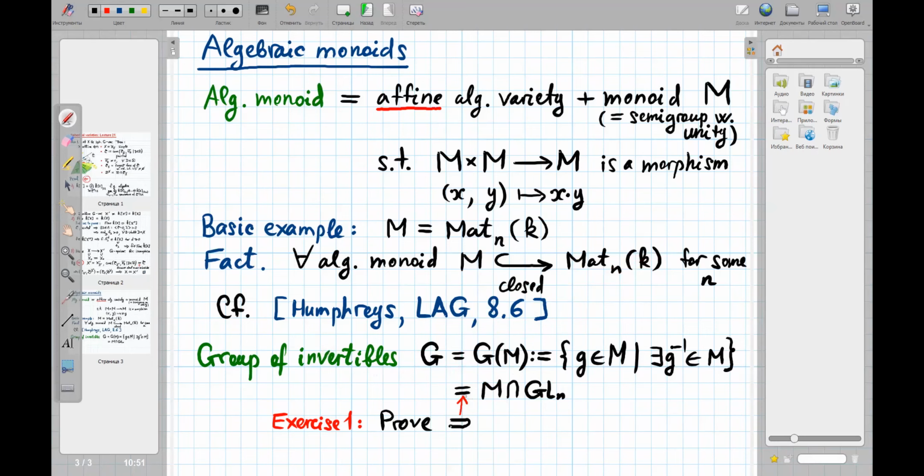And from this equality, you see that the group of invertibles of an algebraic monoid M is open in M. And it is an algebraic group.